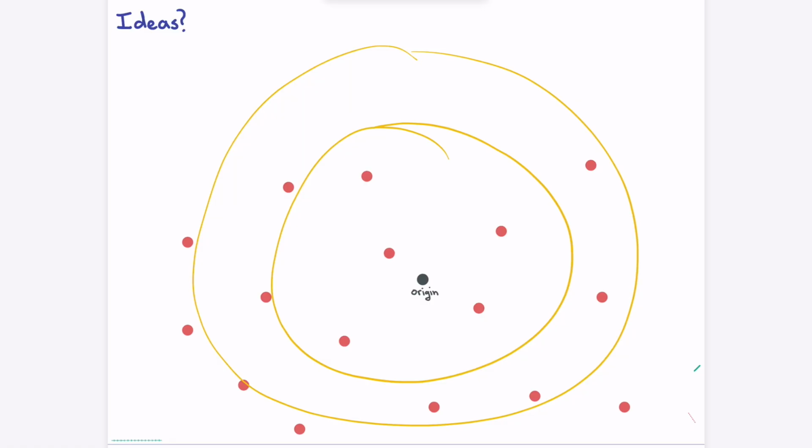Maybe there's some question about how many shells you need. But maybe one idea is that I can try a bunch of shells at various distances. So maybe radius 1, radius 1 plus epsilon, radius 1 plus epsilon squared, 1 plus epsilon cubed, and so forth. And then for each, try to throw an angular LSH on top.